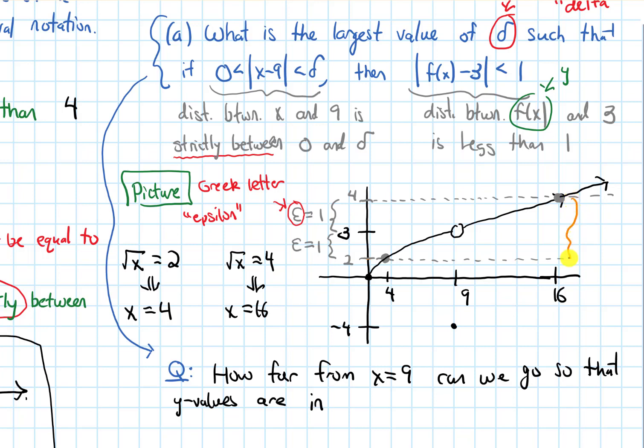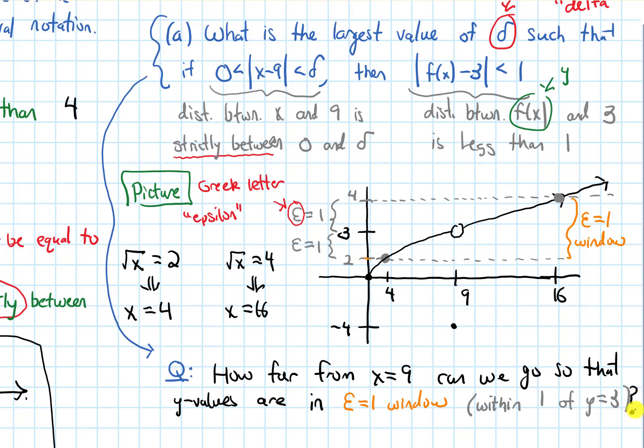So I'm going to make a little section here, and I'm going to call this the epsilon equals 1 window. So how far from x equals 9 can we go so that the y values are going to be in that epsilon equals 1 window? In other words, I need the y values to be within 1 of y equals 3. So as far down as 2 and as high up as 4.